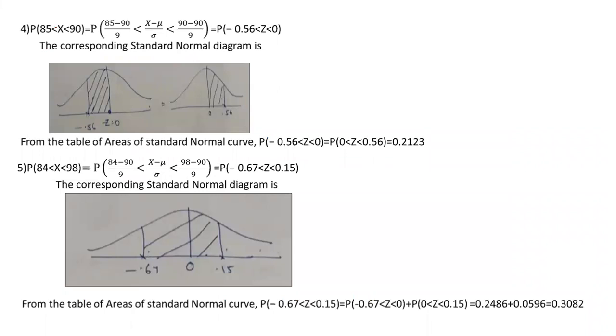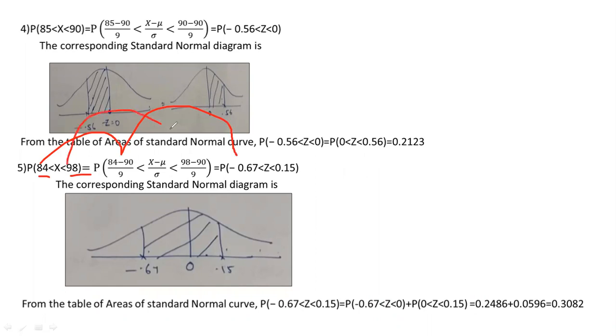One more example from the same thing. Here we are finding the probability between 84 and 98. When x value is 84, the respective z score will be 84 minus 90 divided by 9, which after simplifying gives minus 0.67.